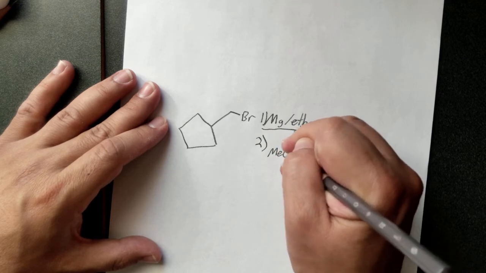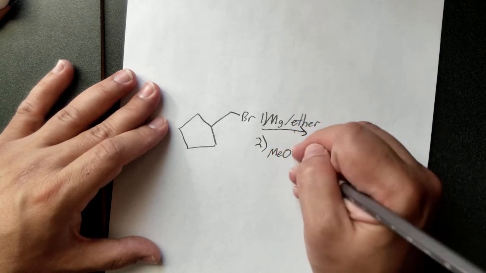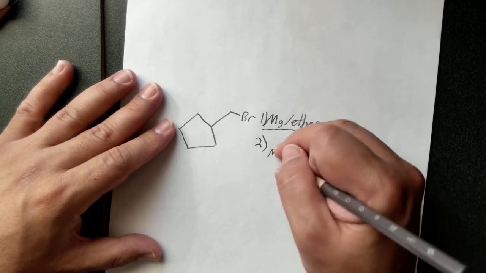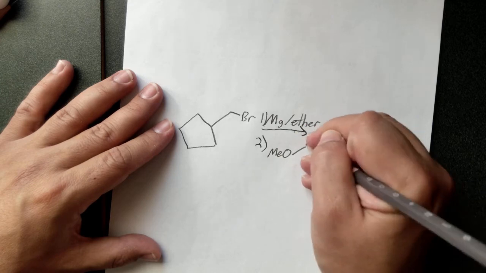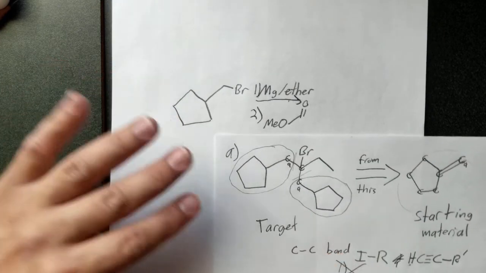Once again, it doesn't matter what the thing attached to the oxygen is. It can be anything, but MeO is a pretty standard ester on the single bonded O side, and then double bond O, and then let's look at the chain again that we were using here.